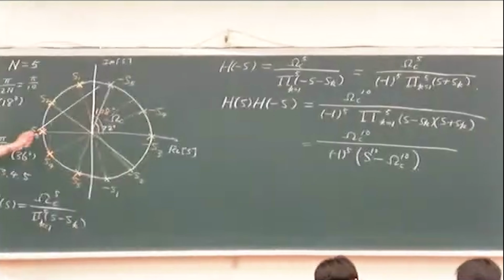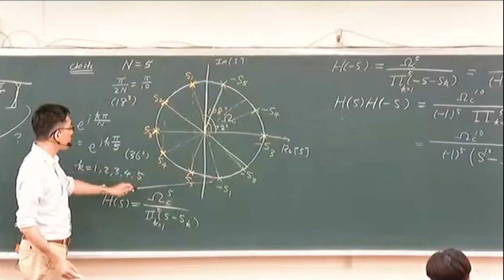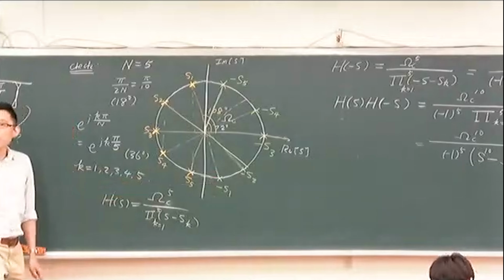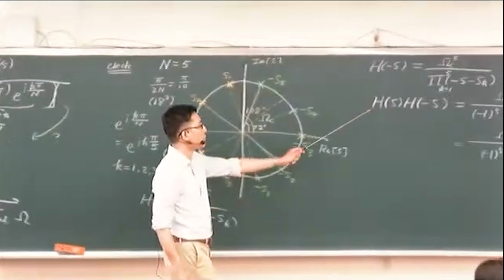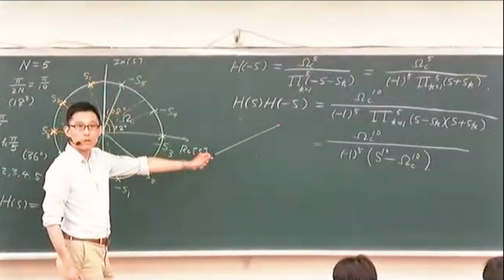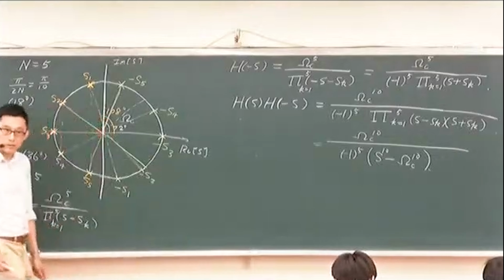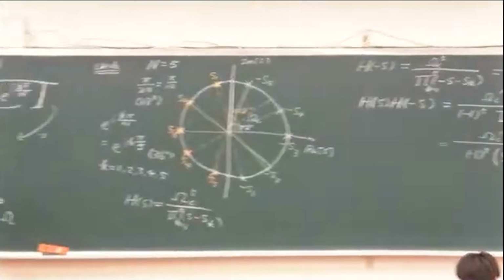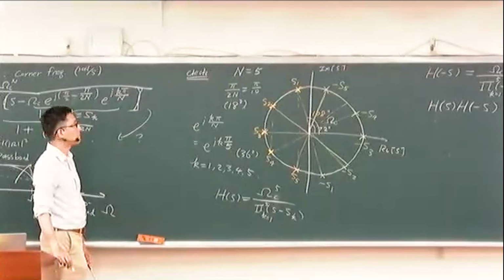By adding all the 5 extra poles, we actually simplify the expression. So when we consider the product of H of S with H of minus S, the expression is actually simpler.